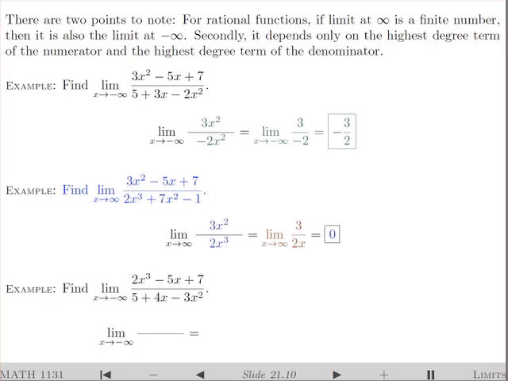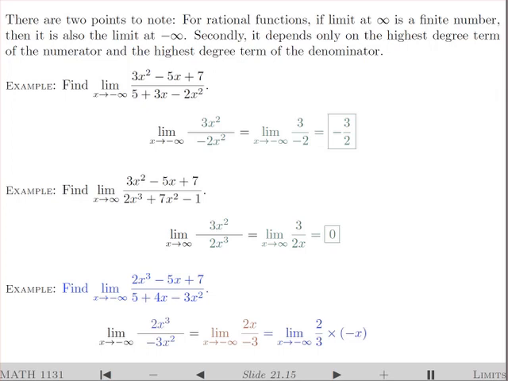Now we come to the case where the numerator has larger degree. So in our example, the numerator has degree 3, the denominator has degree 2. The corresponding terms are 2x cubed for the numerator, negative 3x squared for the denominator. When I simplify this, I get 2x over negative 3, which I can think of as 2/3 times negative x.